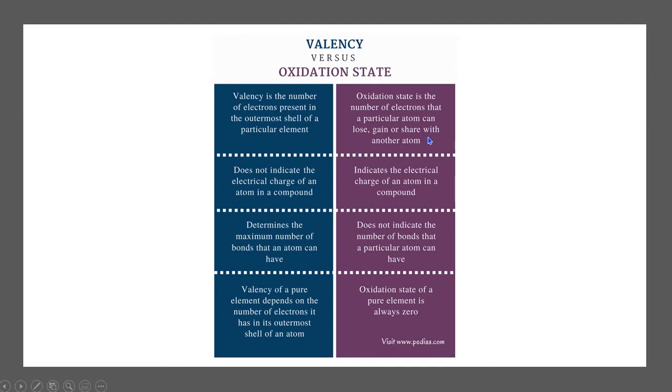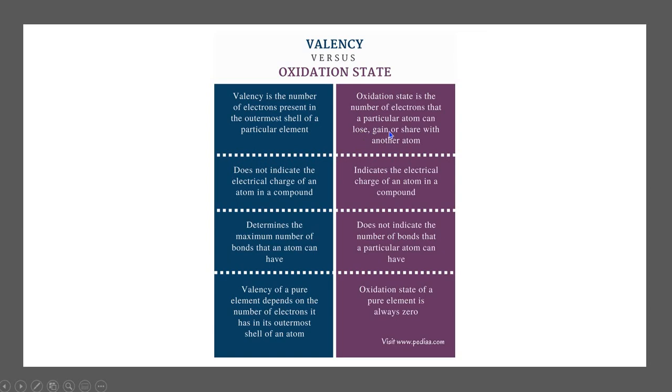If you look right up here in the top right, it says oxidation state, which is the same thing as oxidation number, is the number of electrons that a particular atom can lose, gain, or share with another atom. Now, this is not the same thing as talking about a charge.